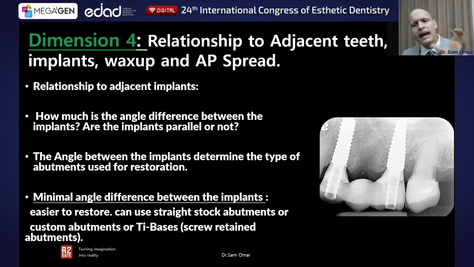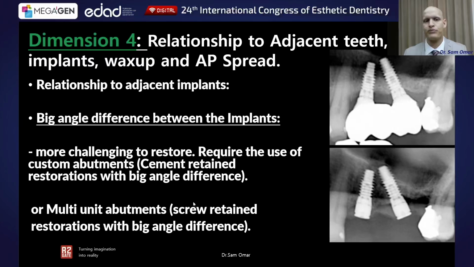The smaller the angle between the implants, and the more parallel the implants are, the easier they are to restore. We could just use tie bases, we can use straight stock abutments, and the prosthetic procedure is really easy to do. On the other hand, we have divergent implants. The implants are not really parallel. Those become a lot more difficult to restore.